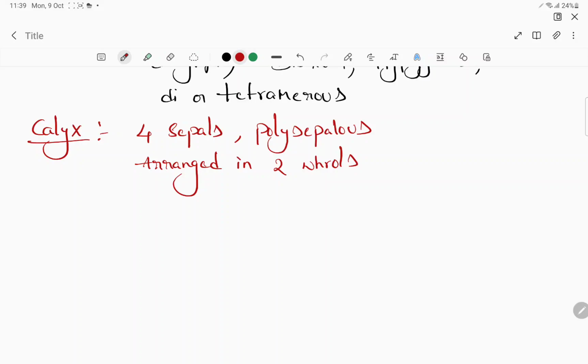And we have imbricate aestivation. There it is valvate aestivation. 2 are out and 2 are inside.